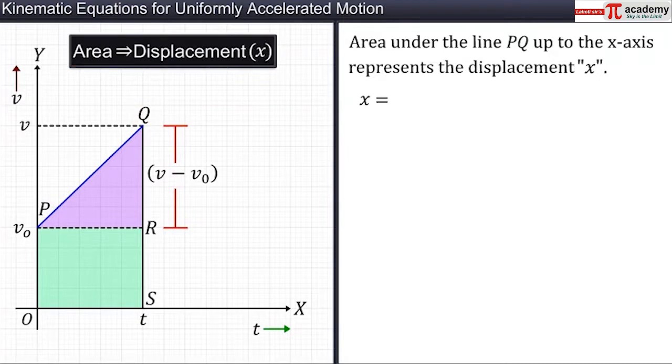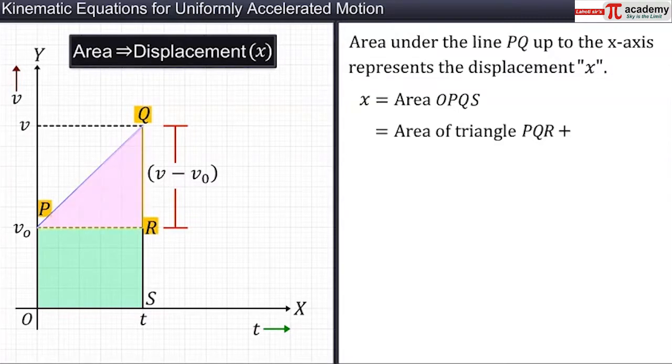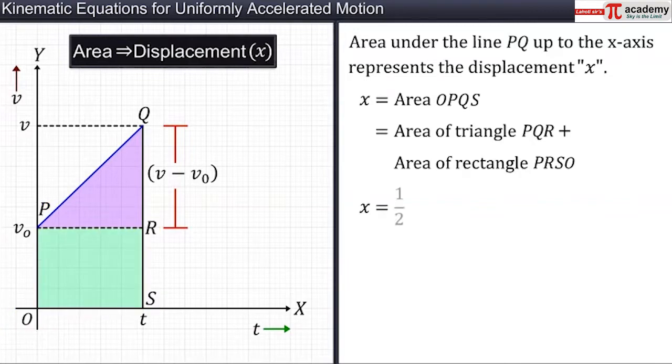Displacement x is represented by the area between the lines joining points O, P, Q, and S. This is equal to the sum of the areas formed by the triangle PQR and the rectangle PRSO. We get the value of x as half the product of t and the difference of v and v0, plus the product of v0 and t.